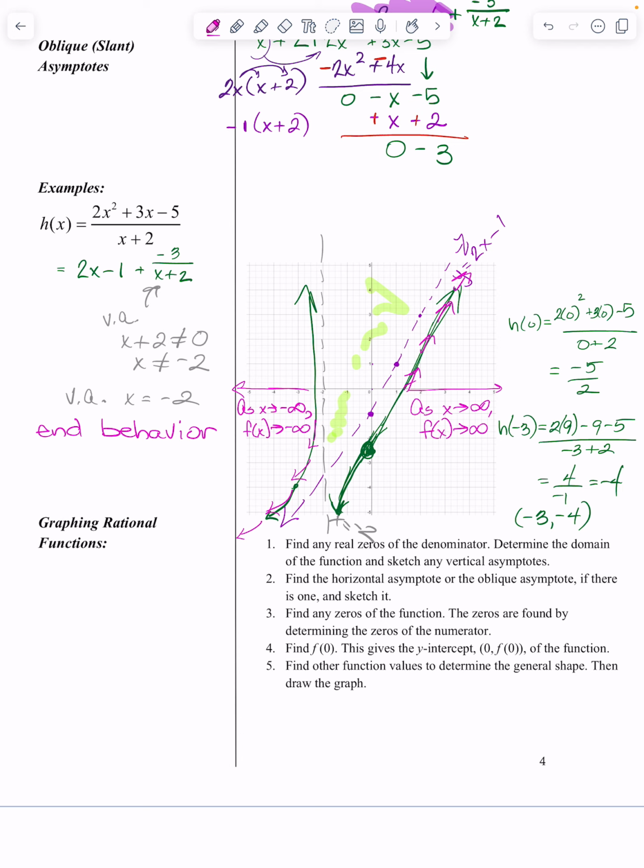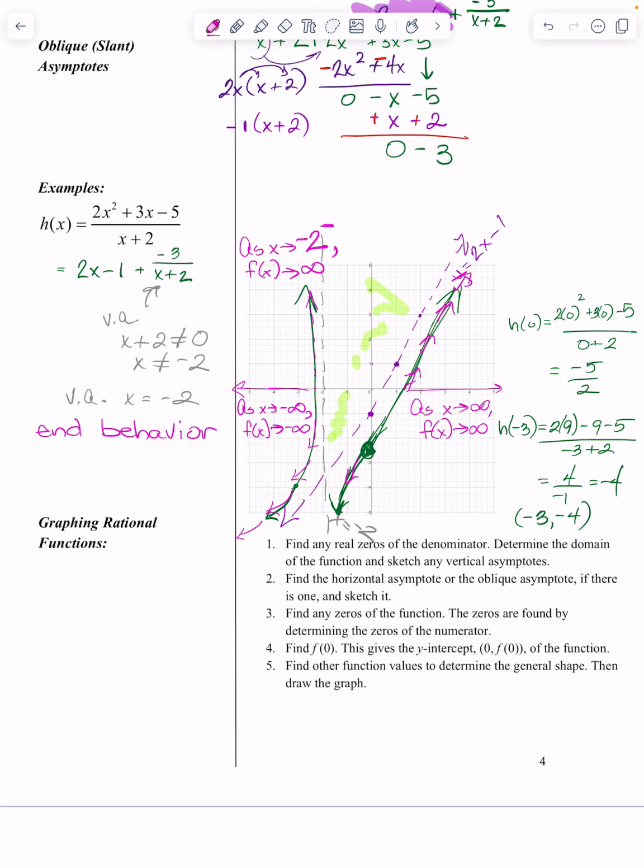And then we got to take a look at our vertical asymptote. So this part, as x approaches, what is this? -2 from the left, which feels really weird with that double negative in there. Our f of x is going to, well, as we get closer and closer to -2, our y is shooting up to +infinity.